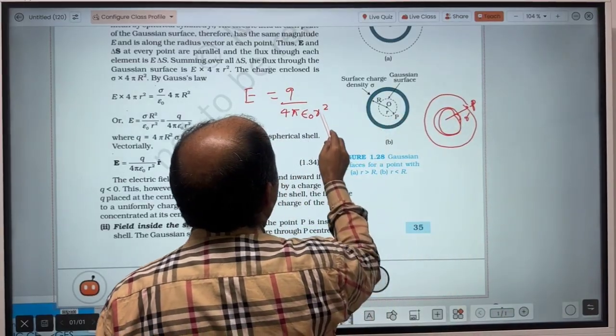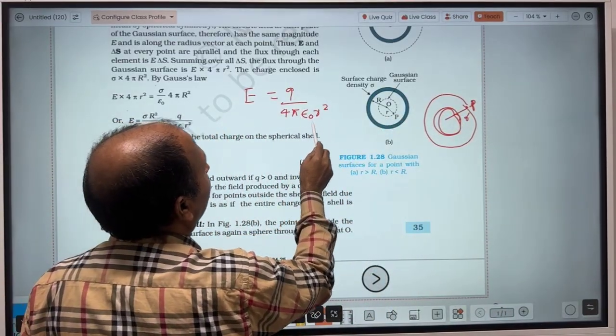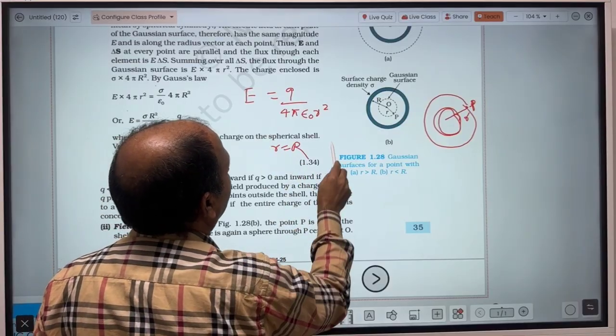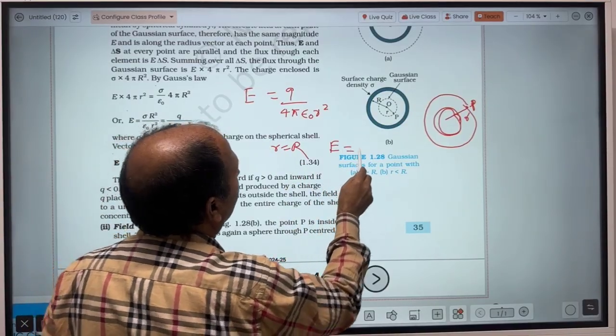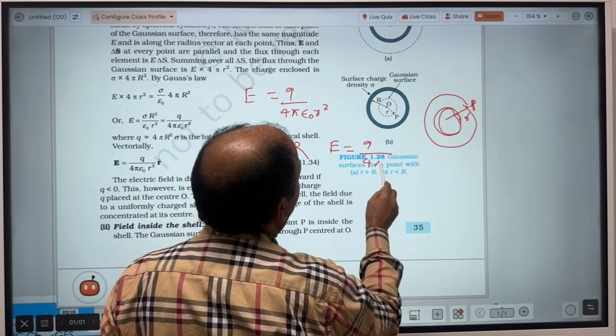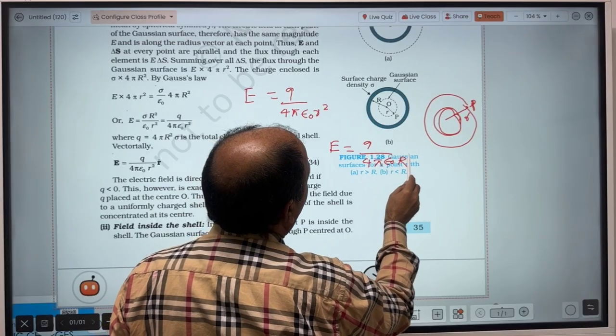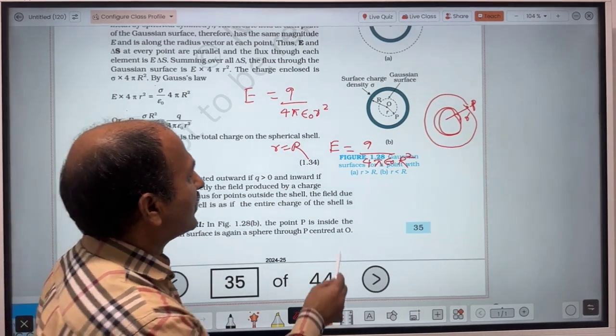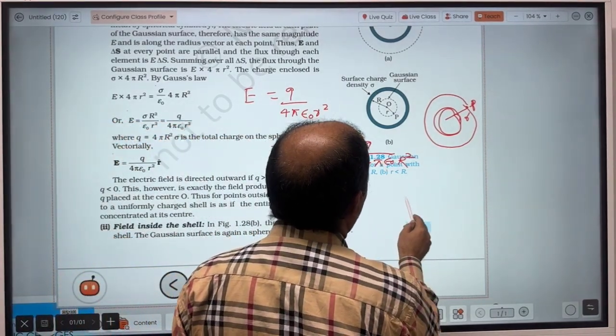Now at the surface, this small r will be replaced by capital R. So small r equal to capital R, if we write, then we will get E equal to Q upon 4 pi epsilon naught R square.